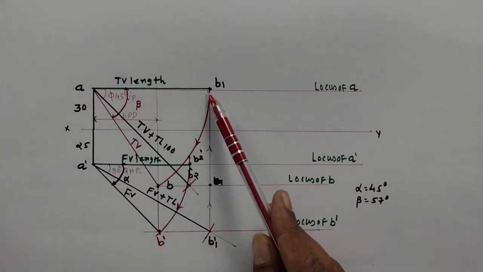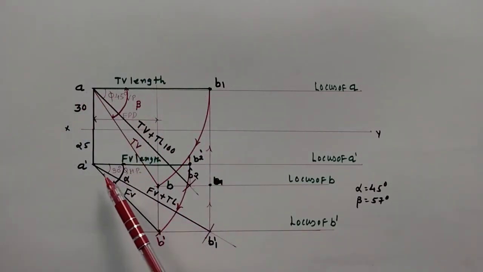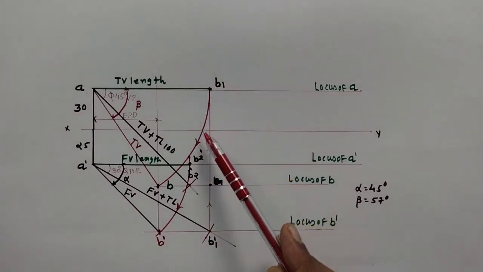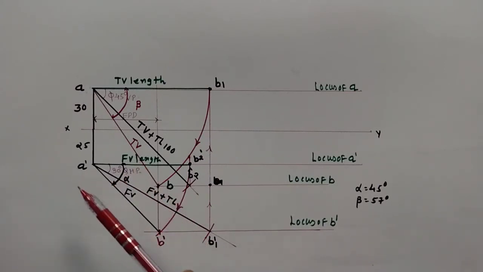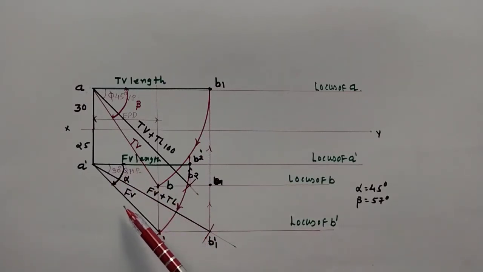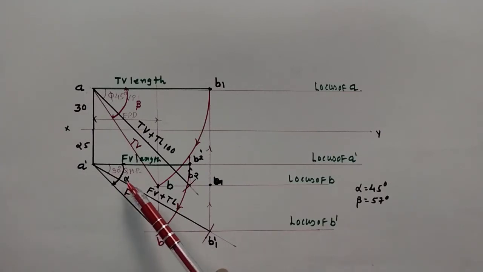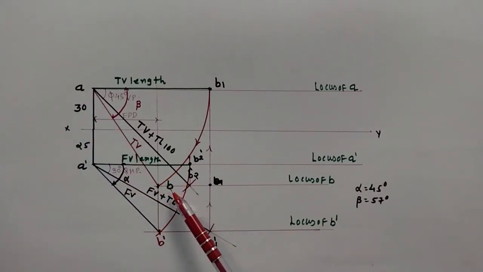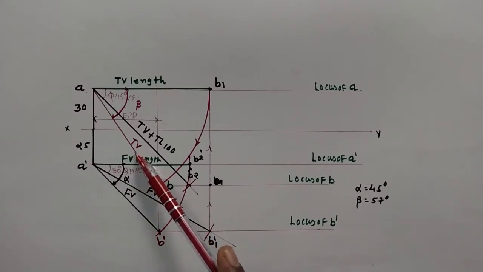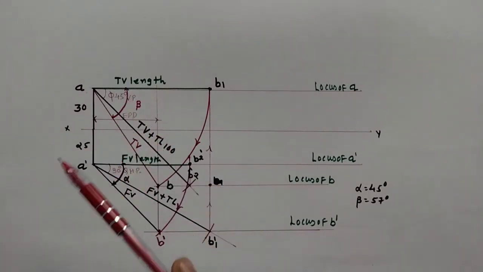Similarly, if you rotate your top view length toward the locus of plan point B, you can get the actual plan point B. When you join A dash B dash, it is your actual elevation with angle alpha. If you join AB, that is your actual top view with angle beta. Thank you.